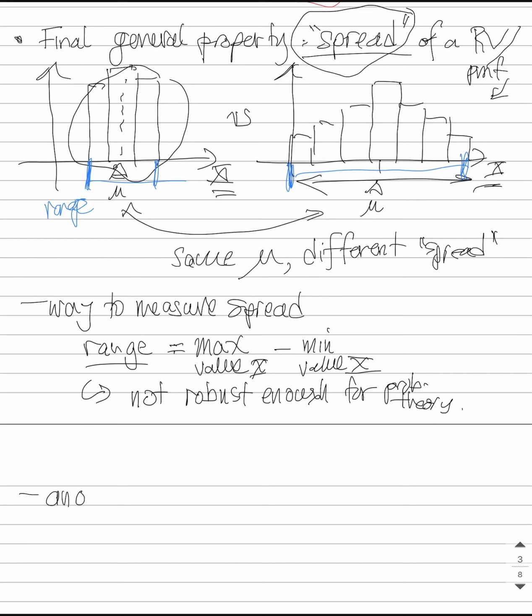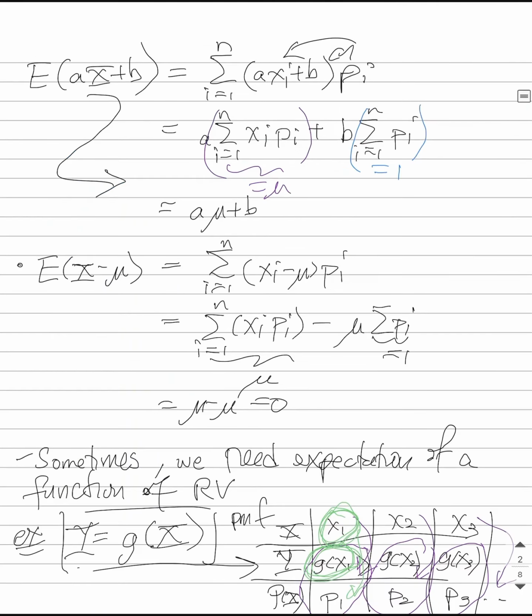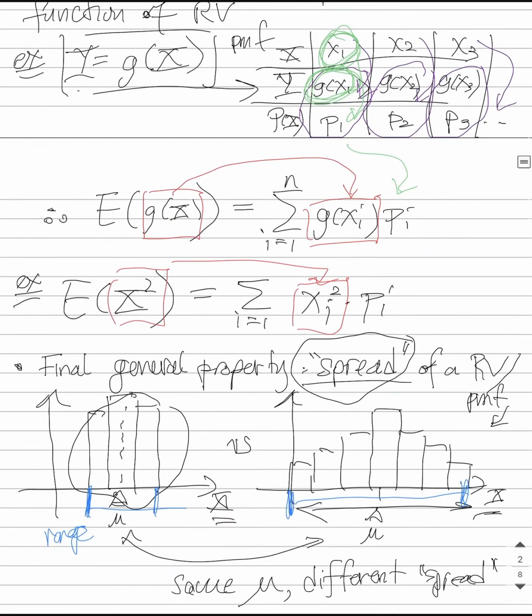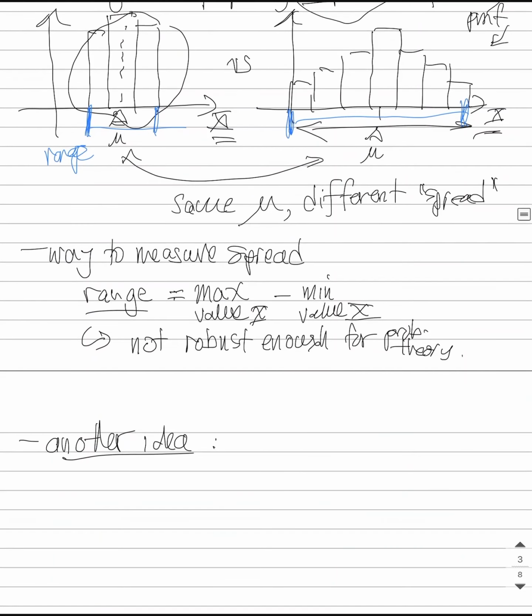Okay. So another idea is the following. We're going to try and measure how far each outcome xi is from this expectation, or from the mean, or from this value of mu.